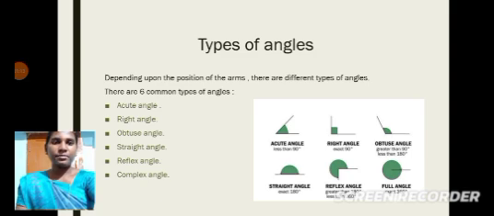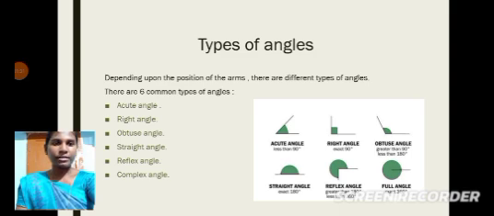Now, types of angles. Depending upon the position of the arms, there are different types of angles. There are six common types of angles: acute angle, right angle, obtuse angle, straight angle, reflex angle, and complex angle.